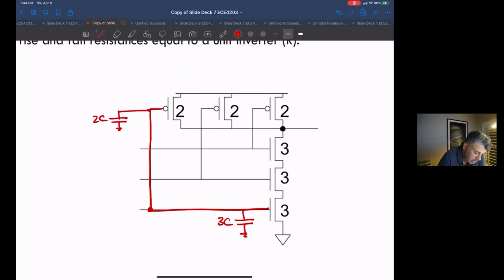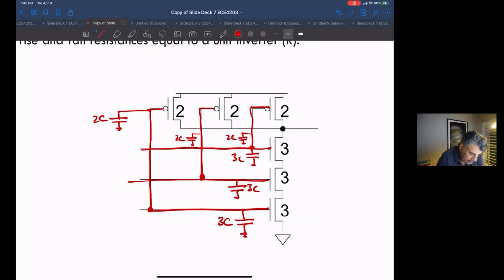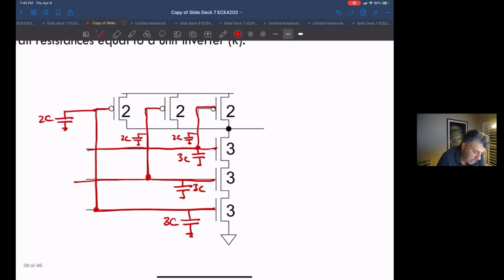So every one of these inputs connects to a 3C and a 2C. Those are the capacitances on the input.